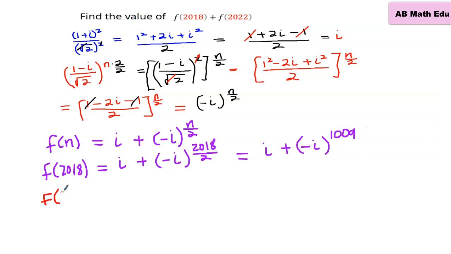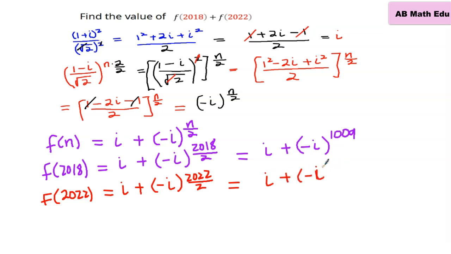Now we come to f of 2022. That will also give us i plus (-i) to the power 2022 over 2, which is 1011.